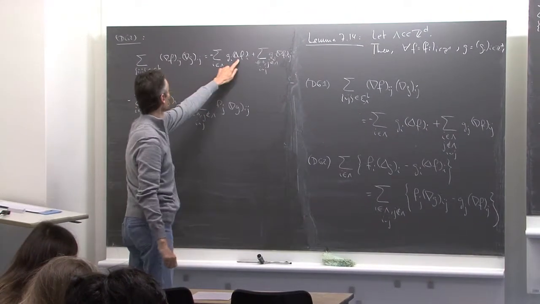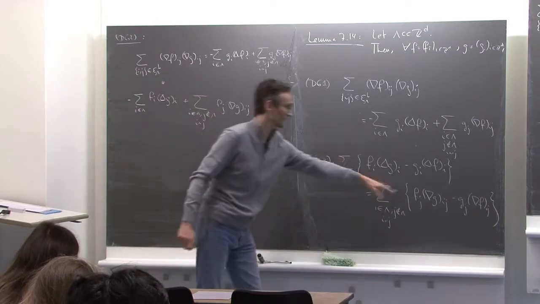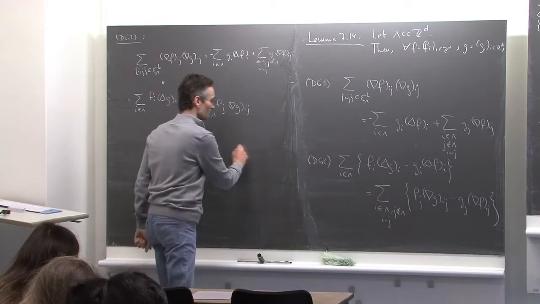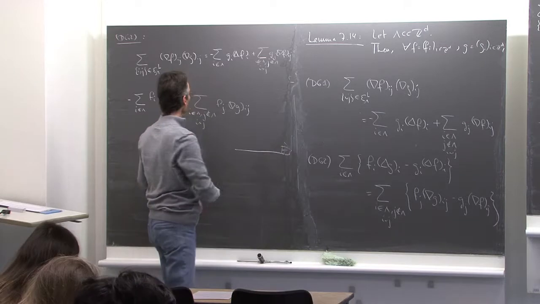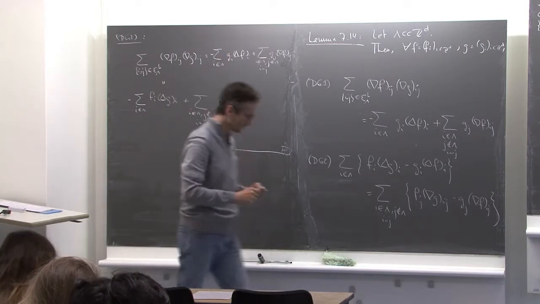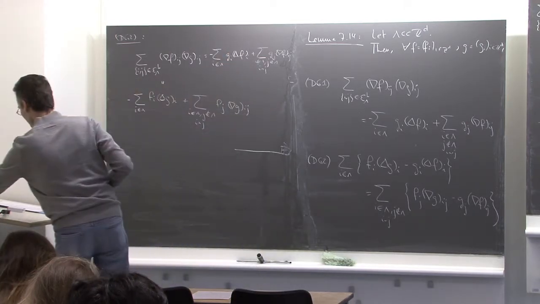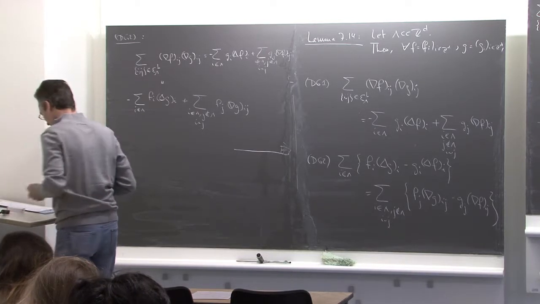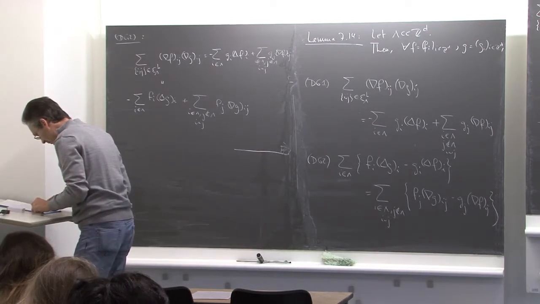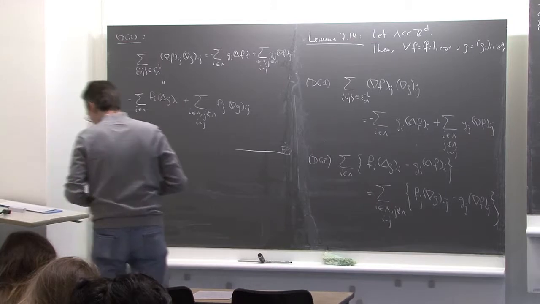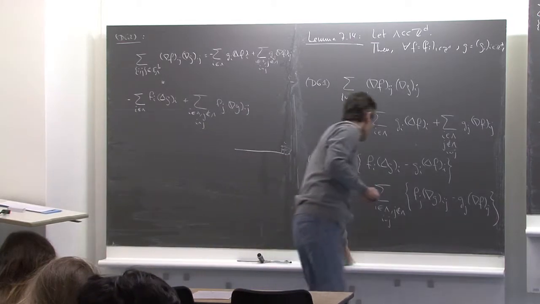So if you move this guy on the other side, this guy on the other side, you just get this identity. Okay. So it's really just saying that this is equal to that. Okay, so that's pretty elementary, but it will be very, very useful to us.